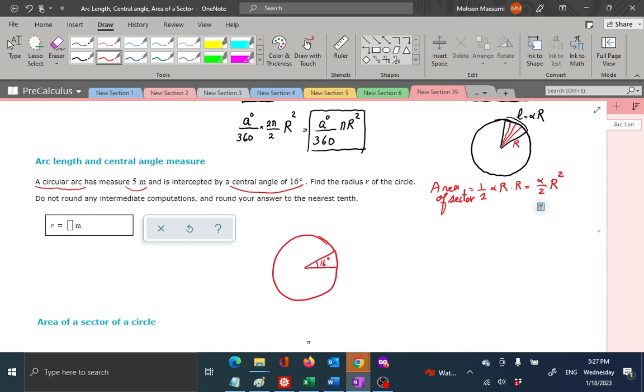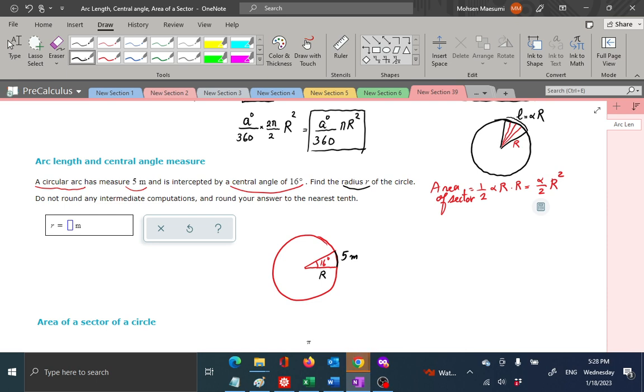Well, 16 degrees is a bit smaller than this, but I don't want to make it so small. The arc itself is 5 meters long. So this is a circular arc, has a measure of 5 meters. What is it that we want to find? We want to find the radius.